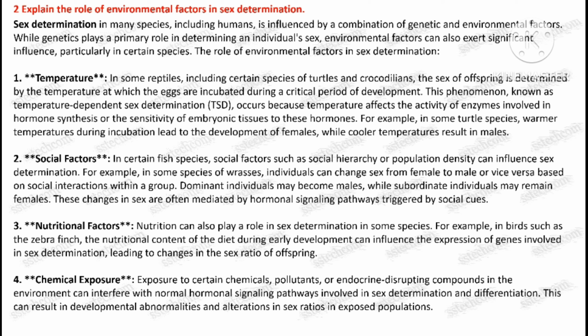Second question of this part, explain the role of environmental factors of sex determination.